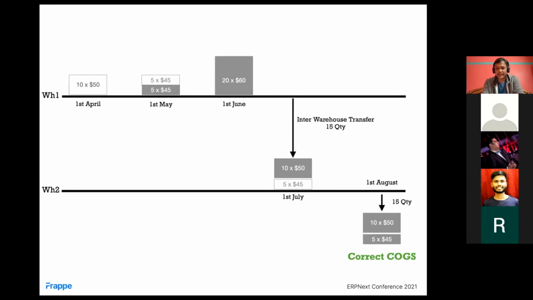This way you will now get correct cost of goods sold for all the warehouses.